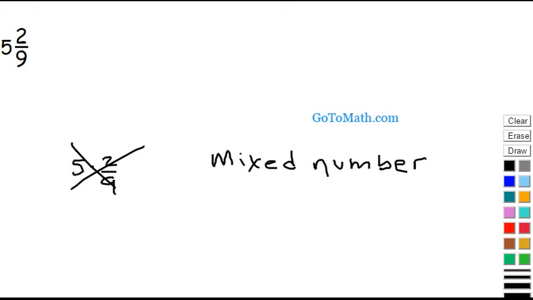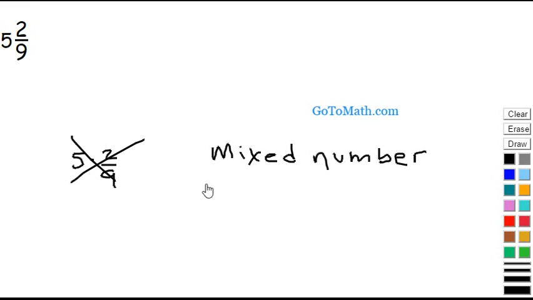There's actually some terminology I've kind of left out as we've been going along. And that is, how do we talk about fractions? Well, things have names. And this is a mixed number. And we'll go ahead and use a different color here. So 5 2/9 is, if we want to get this into a fraction, and it'll probably be an improper fraction, and we'll talk about what that is here in just a second.